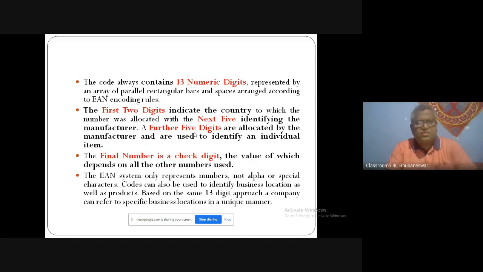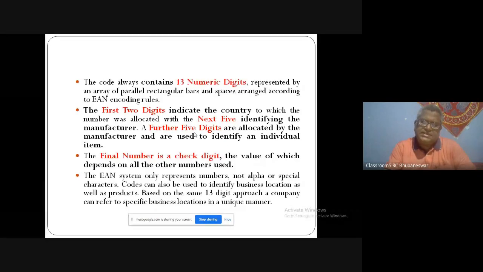What are these barcodes? These barcodes contain 13 numerical digits. You see my slide, I pointed out 13 numerical digits. On any packet you see, on the backside of a particular article, there is a barcode. The first 2 digits indicate the country.